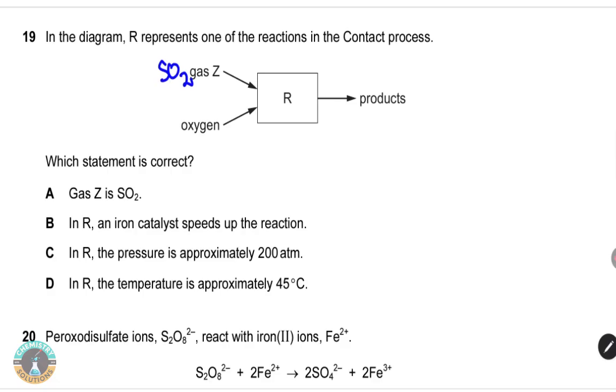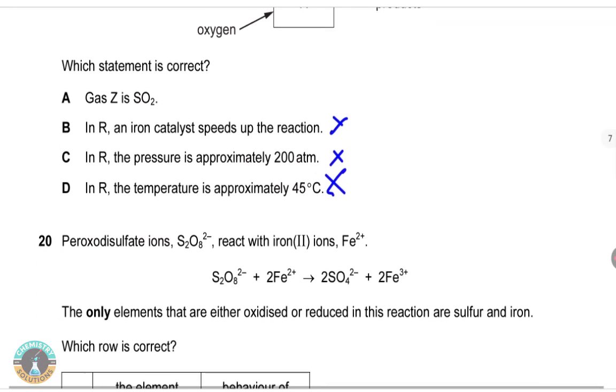Iron catalyst speeds up the reaction in R, no. In R, the pressure is approximately 200 atm, no. In R, the temperature is approximately 45 degrees centigrade, no. So in the contact process, iron is not the catalyst. Vanadium pentoxide is used, and the conditions are 1 to 2 atmospheric pressure with 450 degrees centigrade temperature. So these options are not correct.